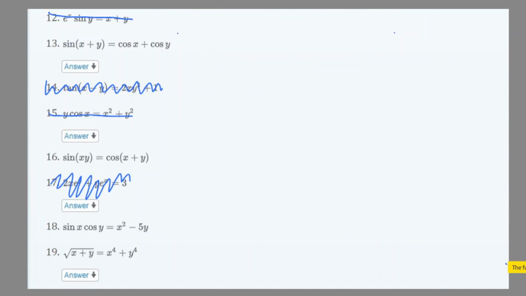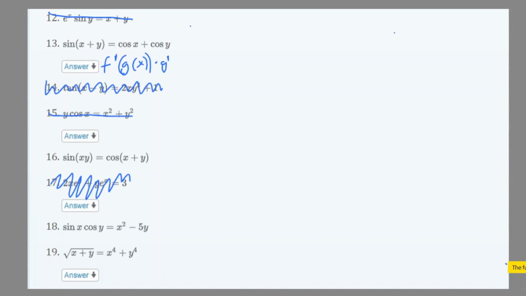Alright, so now we're going to do number 13. I've cleared the whole screen, so we're going to do number 13 and 16 and try to do either 18 or 19. So number 13 is going to be a case of chain rule because we have sine x plus y on the inside. If we remember, the chain rule is f prime g of x multiplied by g prime.